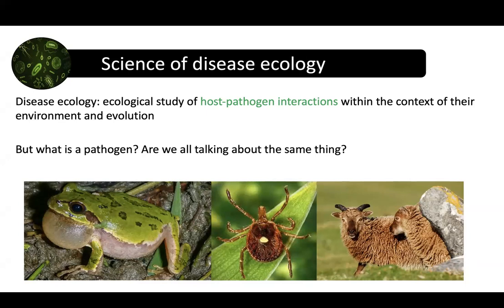Lyme disease is another well-described pathogen in disease ecology. It's spread both to animals and people via bites from ticks. And so we're focused on just how the tick population impacts mammal populations and human populations.